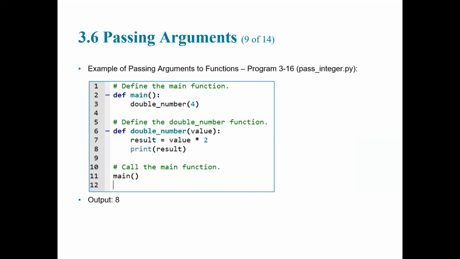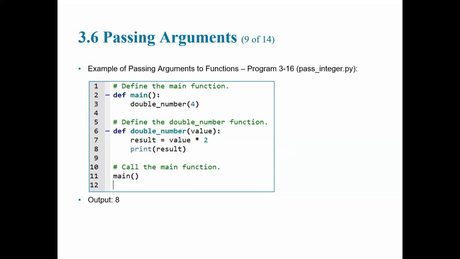I know the topic is passing arguments, but it does have something else thrown in here that we need to explain. So the idea is this, that the action occurs inside the main function. And in Python, the main function needs to be called, and it is called on line 11.